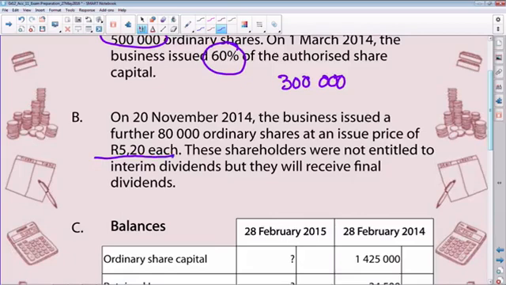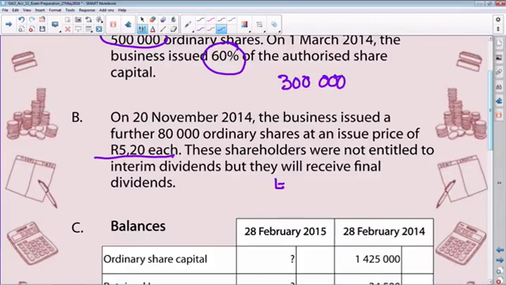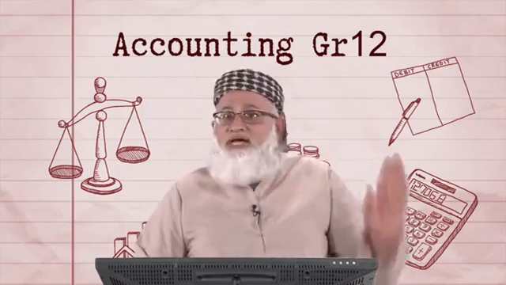These shareholders were not entitled to interim dividends, but they will receive the final dividend. In other words, these new shares for the interim dividend were sold ex-dividend. That means they were sold excluding a dividend for the interim dividend. Remember, we spoke about this in our earlier lessons.